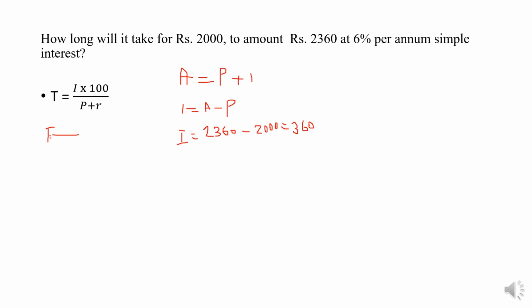So I is 360 into 100 and divided by P into R, which is already given in the example, 2000 into 6. So time equals overall 3 years.